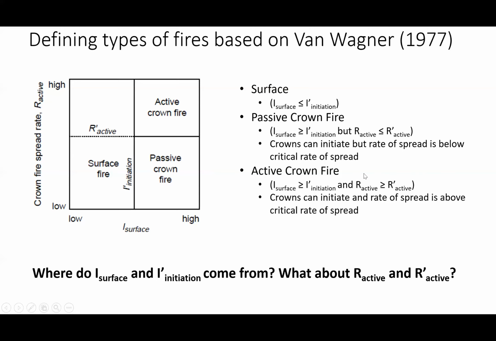So basically, if it were a crown fire, how fast would we expect it to go? That side of it just comes from Rothermel 91, and we'll talk about that more too. So anyway, this is the fire types from Van Wagner, where we're linking Rothermel 72 and 91 with Van Wagner to make these predictions.